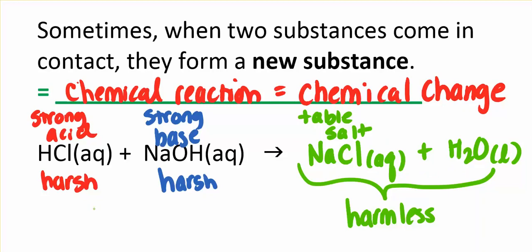That's true with a lot of chemical reactions, not all of them, but often it's very hard to go from the product back to the reactant again. And if I did, it would require a chemical change to get there, not just a physical one.